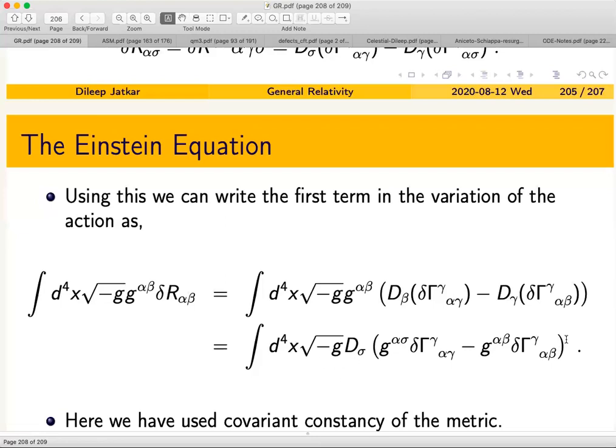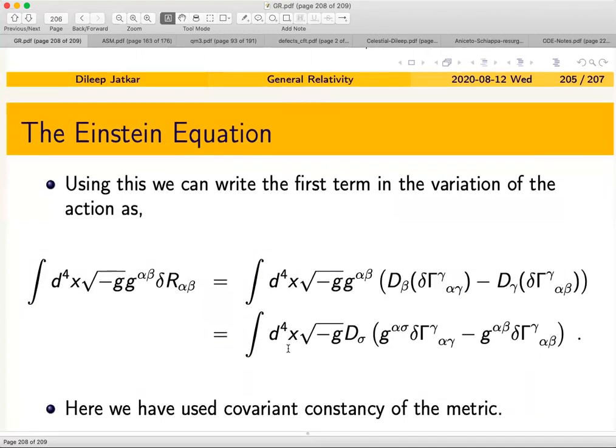So this entire expression can be written as a partial derivative with respect to x sigma of the quantity root of minus determinant g times this entire expression. These two statements are essentially equivalent: covariant derivative with respect to this integration measure versus partial derivative with root g inside with respect to flat integration measure. They are the same statement.